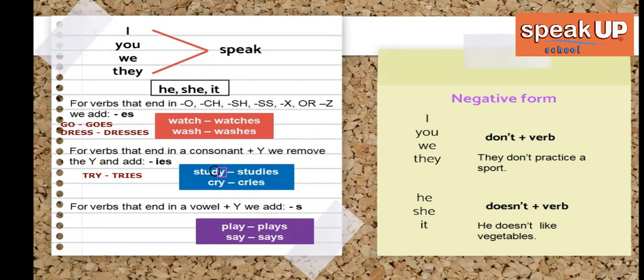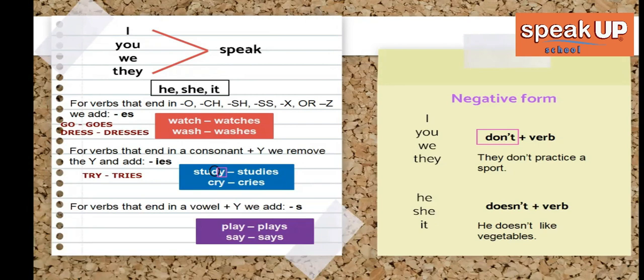And now for the negative form, we need the auxiliaries. For I, you, we, they, we use the auxiliary do, and the negative form of do is don't.